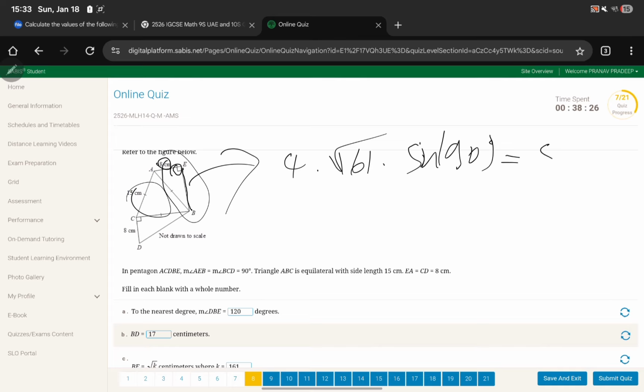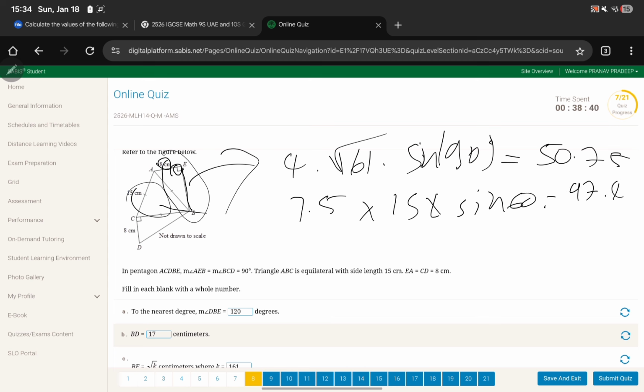That'll give you 50.75. And plus, for this, it's 7.5 times 15 times sine 60, 97.42.